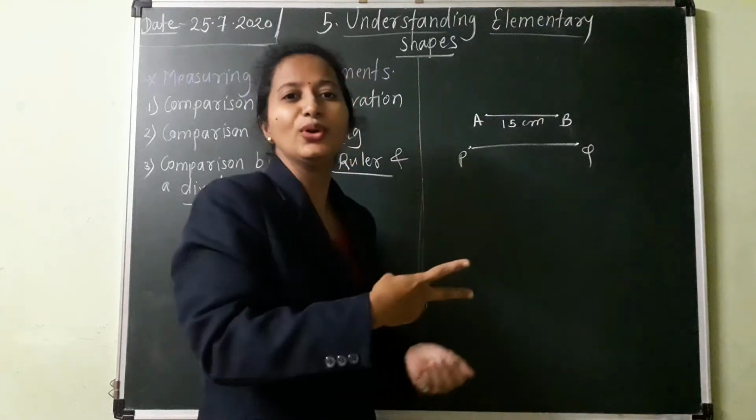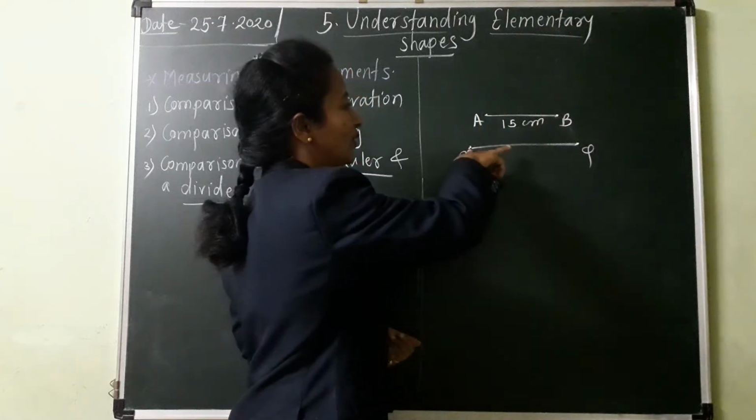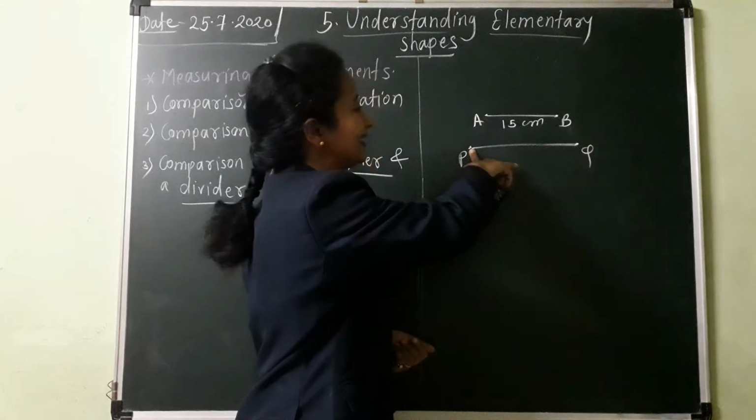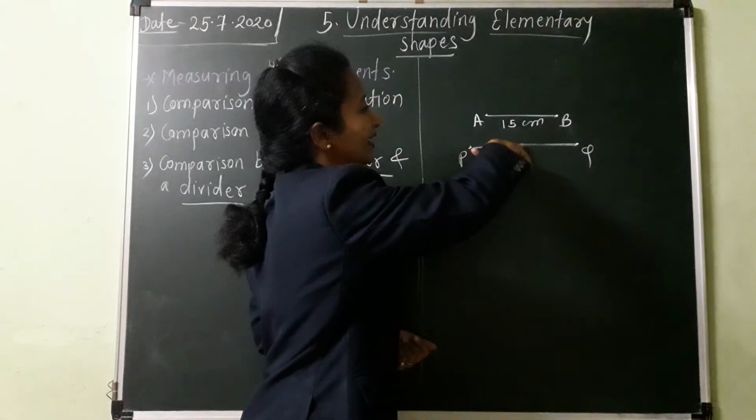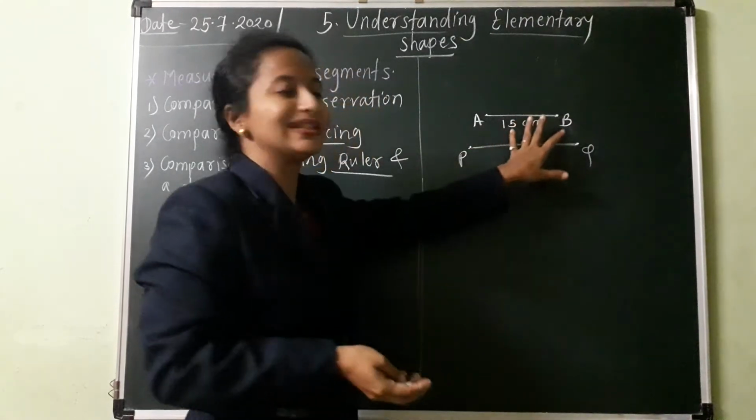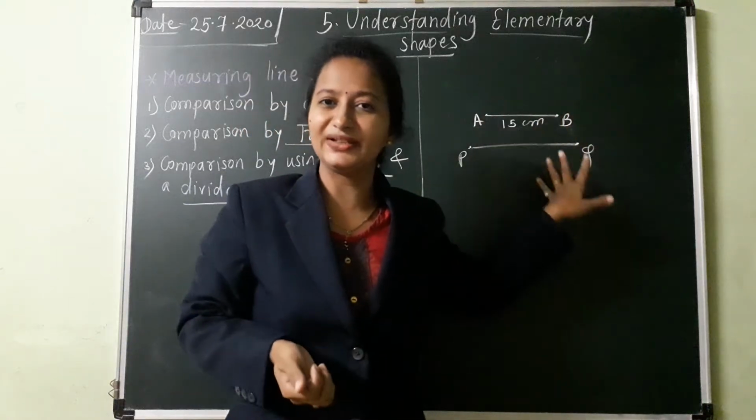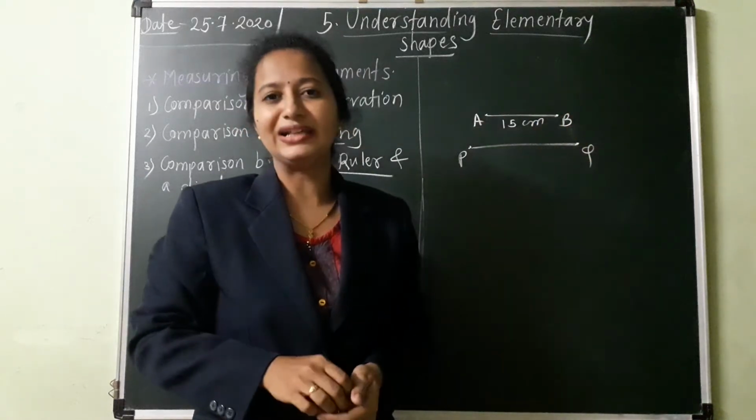Then you move that divider and put it on the second line segment at point P, and then you mark. This is the exact or correct method to measure a line segment.